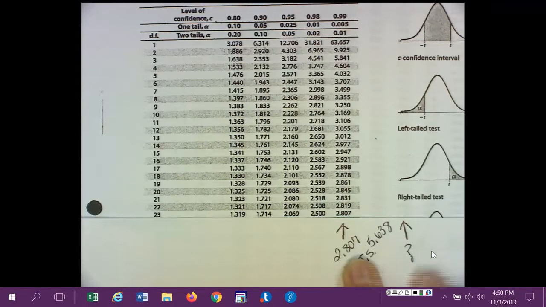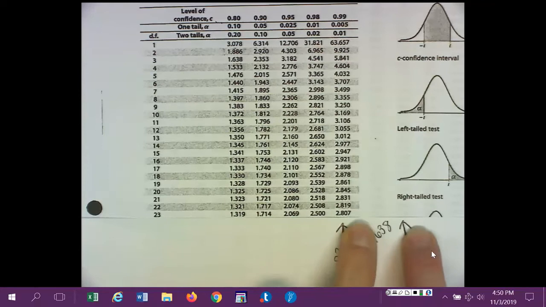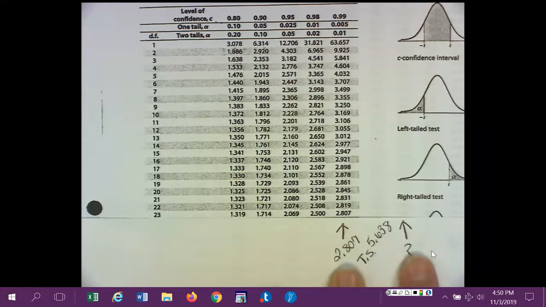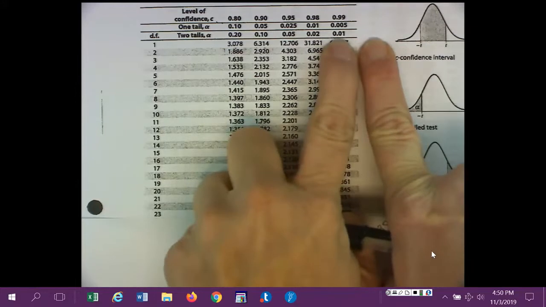Hence, technically, we now have this number and this number, which is larger, that bound the test statistic, which is positive, by the way, so we didn't have to worry about its absolute value. This same little trick can apply when you go to your top. Remember, when you race to the top, it depends on if it's a two-tailed t-test or a right-tailed or left-tailed. This was a two-tailed, so we race to the top and we stop here for two-tailed.